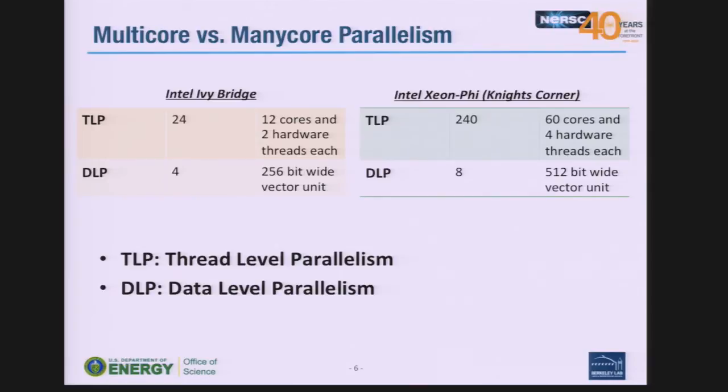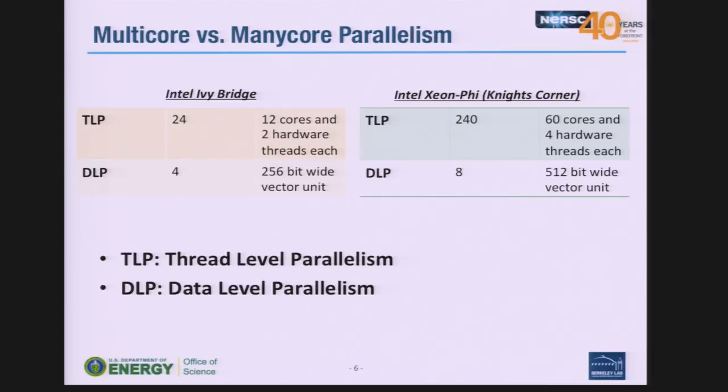Okay, and on a note here, let's look at two different architectures. On the left is the Intel Ivy Bridge processor, and if you run at NERSC, this is the processor used on our Edison system. Over on the right, I have an Intel Xeon Phi, which is the Knights Corner. Actually, Knights Landing isn't that different.